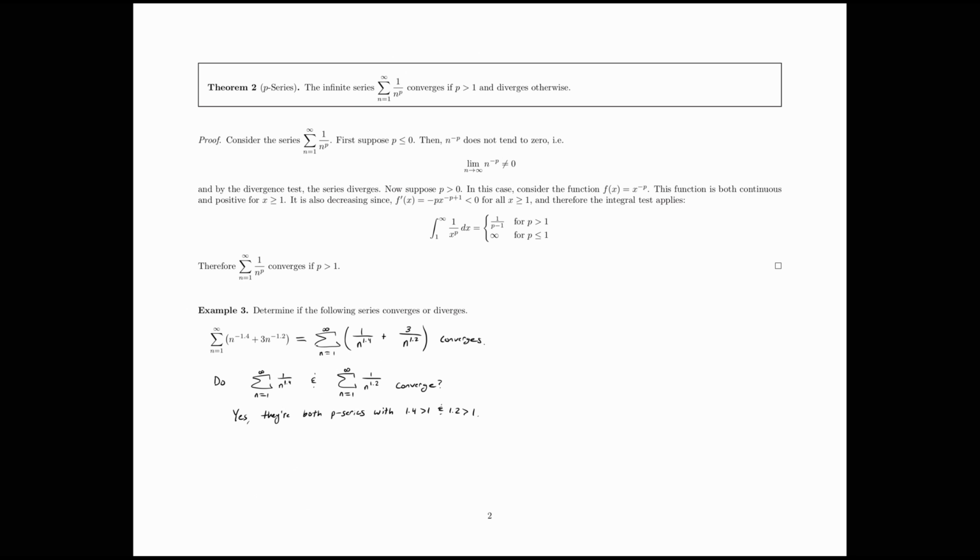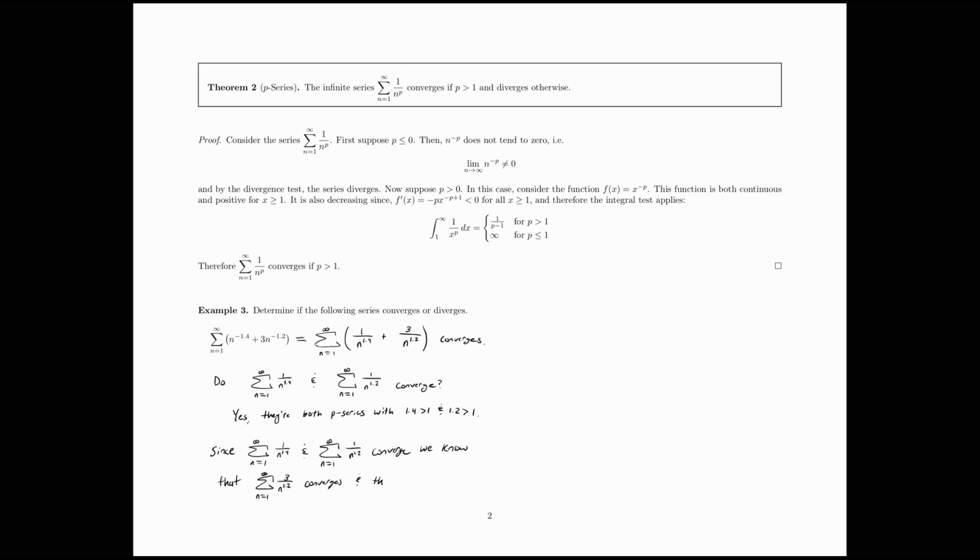So to write this out a little bit more formally, I'd say since each of these series converge, we know that the series of 3 over n to the 1.2 from n equals 1 to infinity converges.